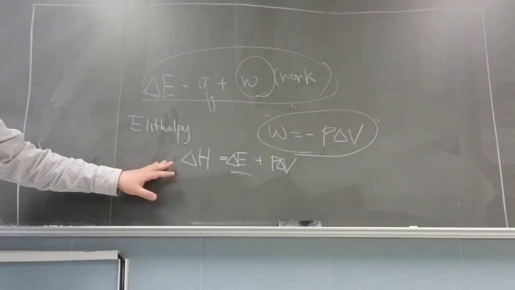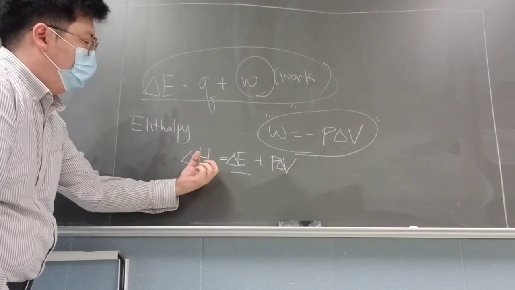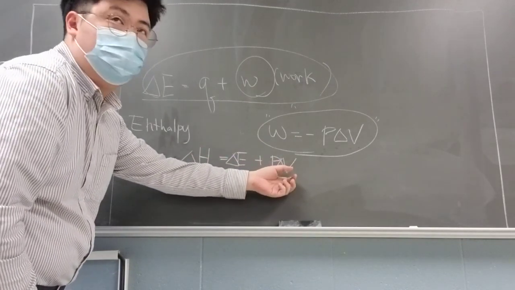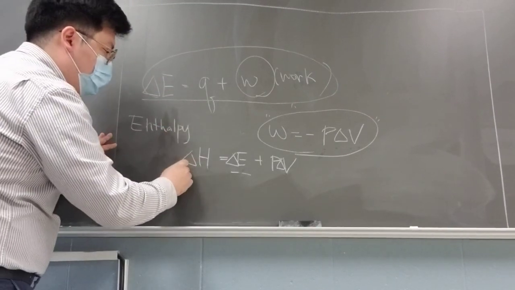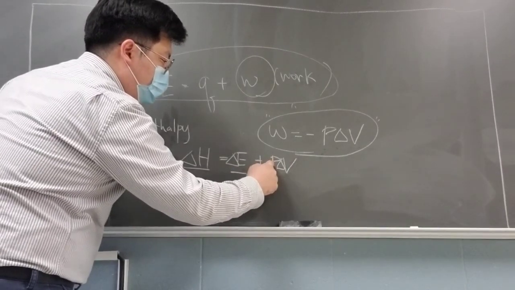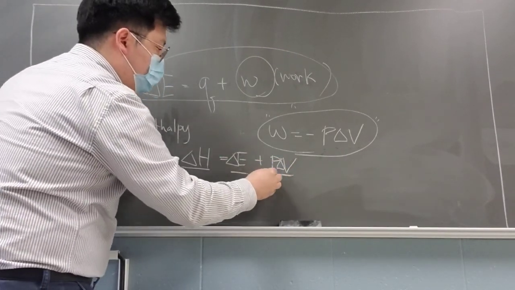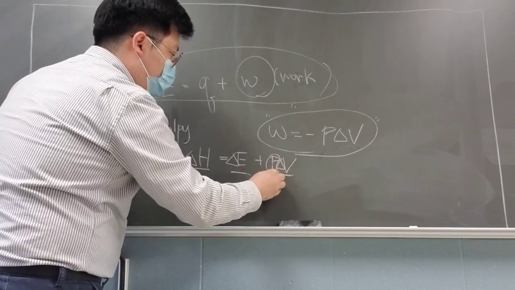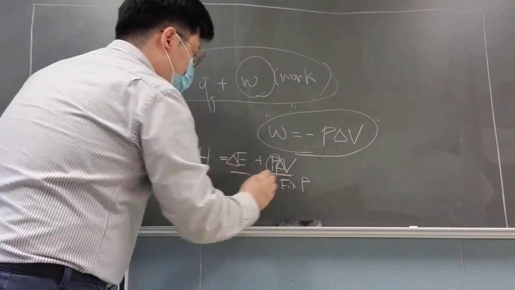So what I just did over here is, instead of getting each enthalpy or energy or the pressure and volume, we wanted the change in enthalpy to be equal to the change in energy plus the pressure times change in volume. So in this case, we fix the pressure over here.